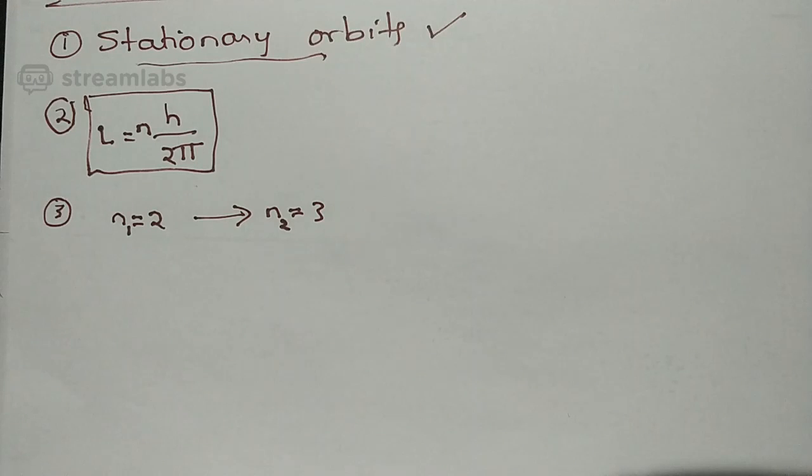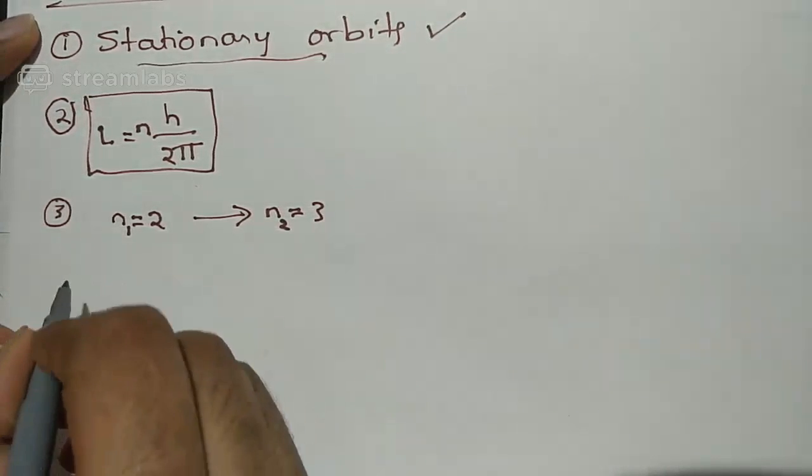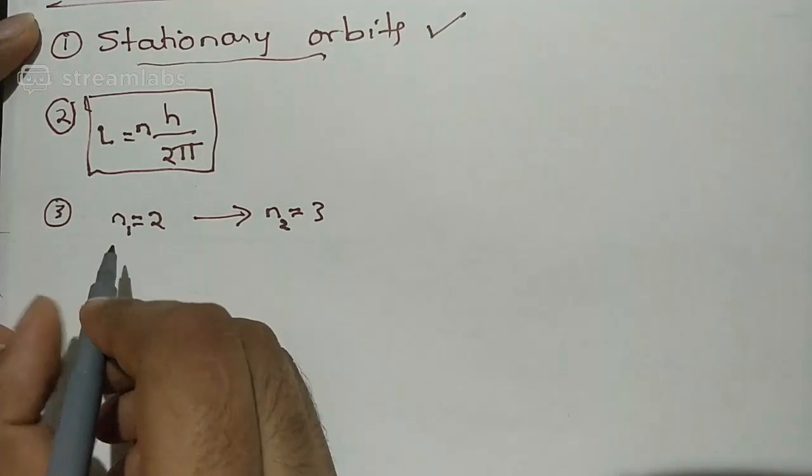Similarly, an electron can jump from a higher energy level to a lower energy level by emitting a photon. Suppose the electron is in the higher energy level.